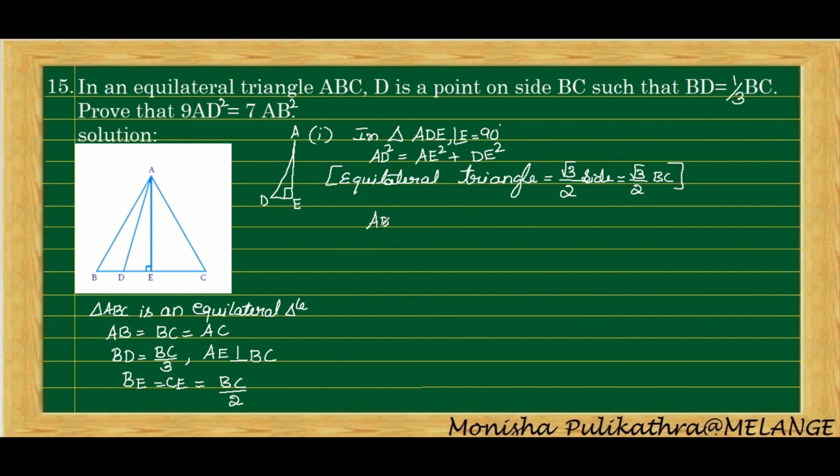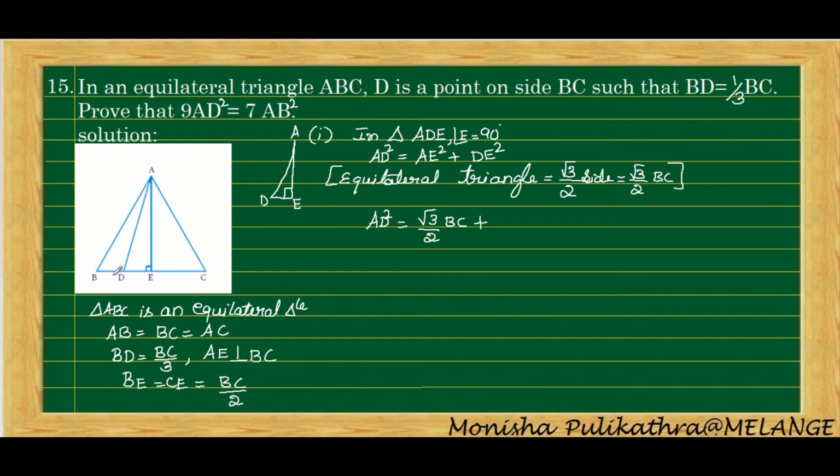So AD square is equal to, instead of AE, we can write √3/2 BC. Next, DE. What is DE? If you want to get DE here, we need to subtract BE minus BD.